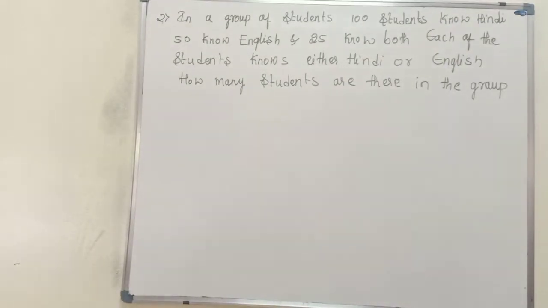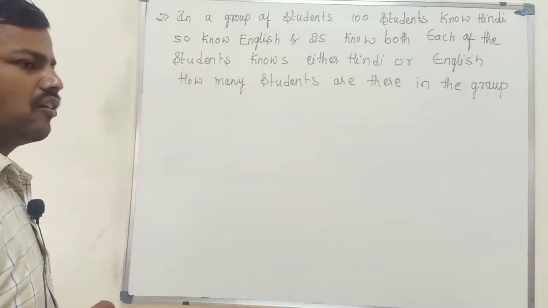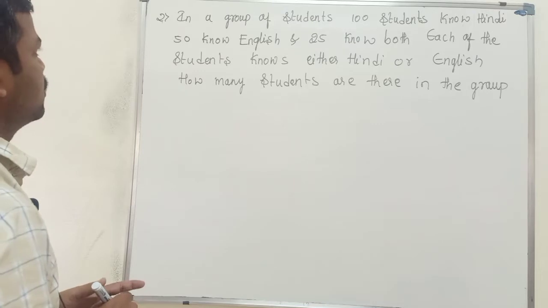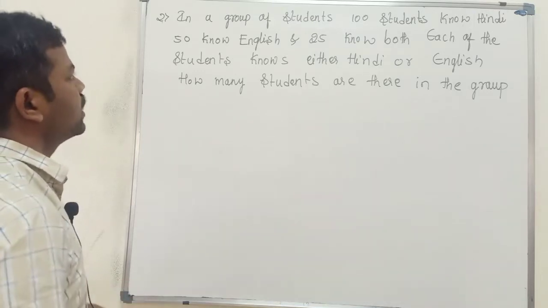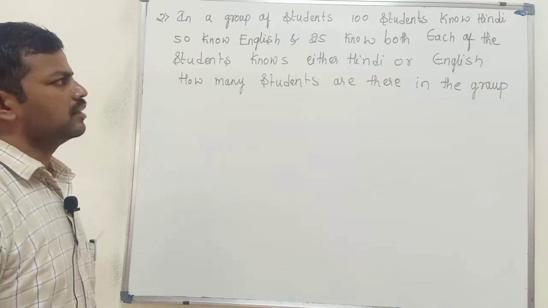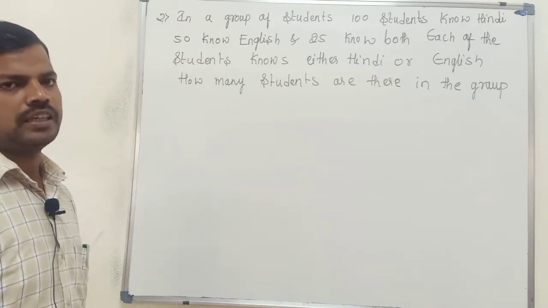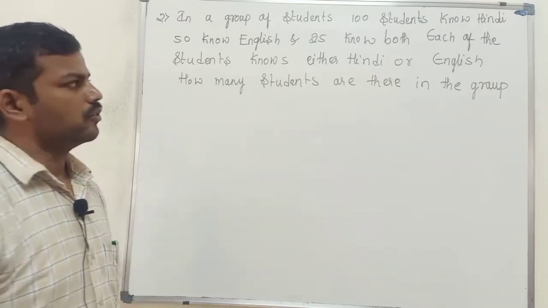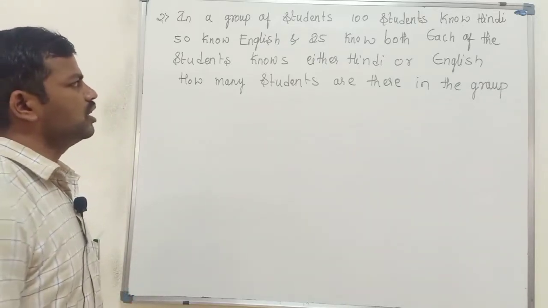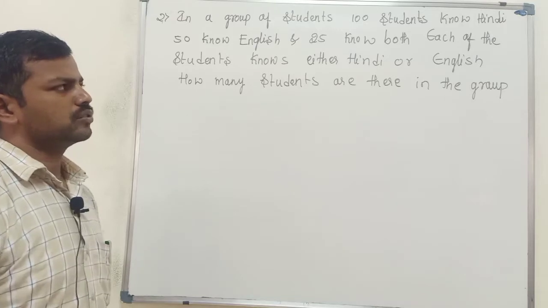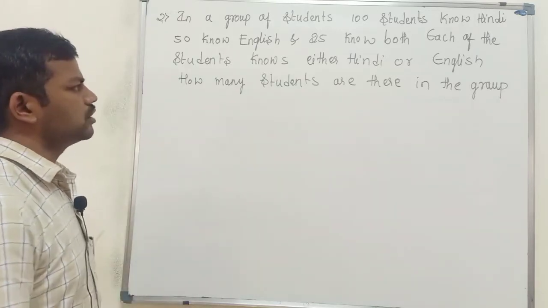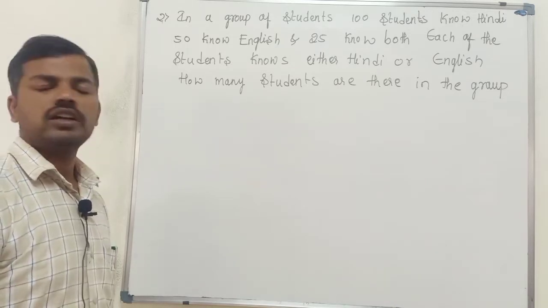So first we clarify what is given in the question. In a group of students, we have one group, in that 100 students know Hindi and 50 students know English. 25 students know both, meaning Hindi and English. Each student knows either Hindi or English.